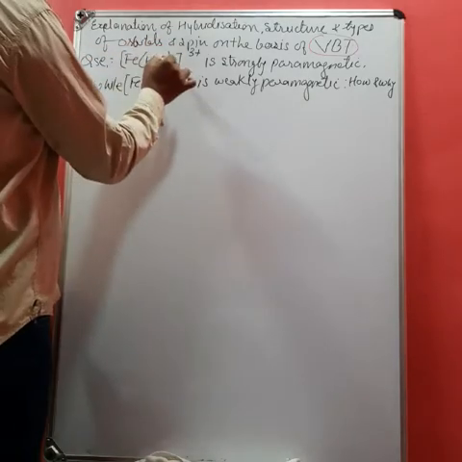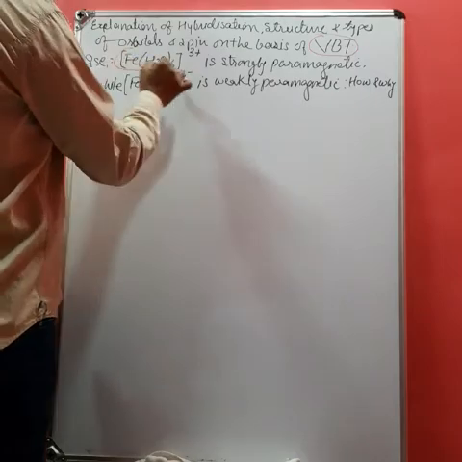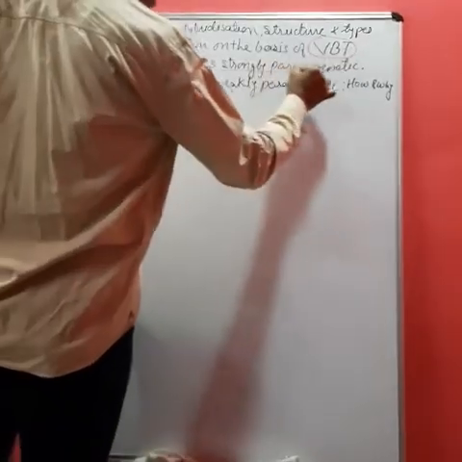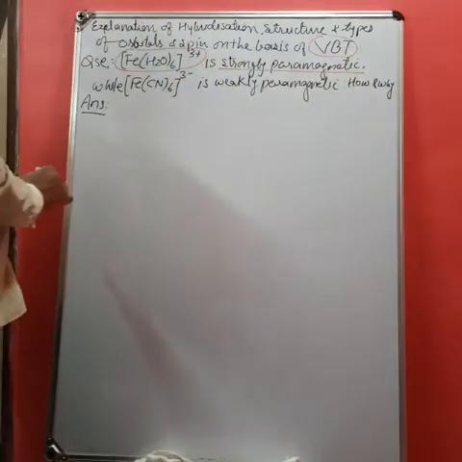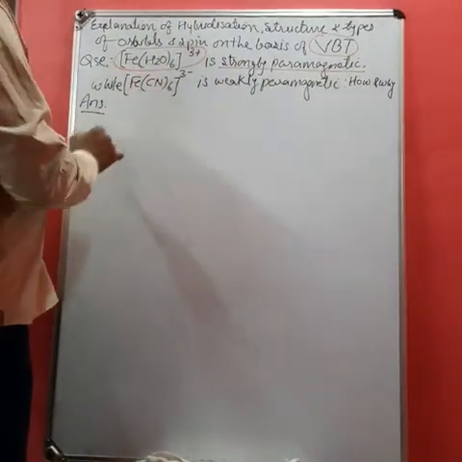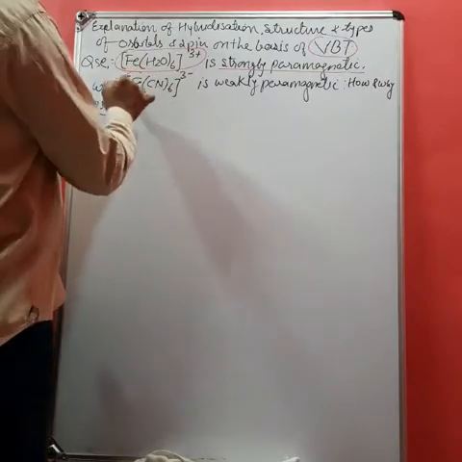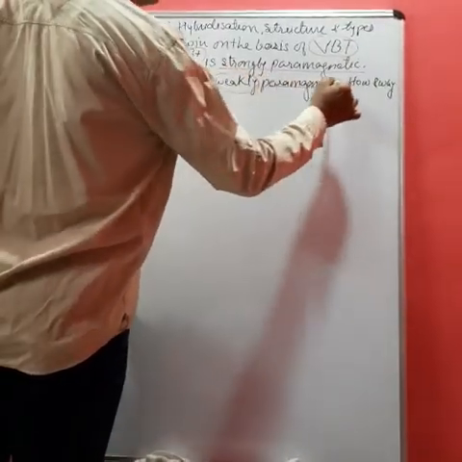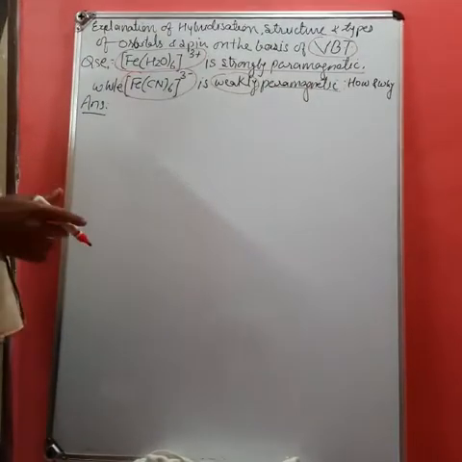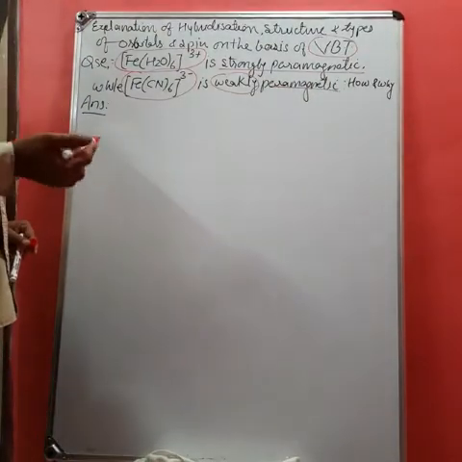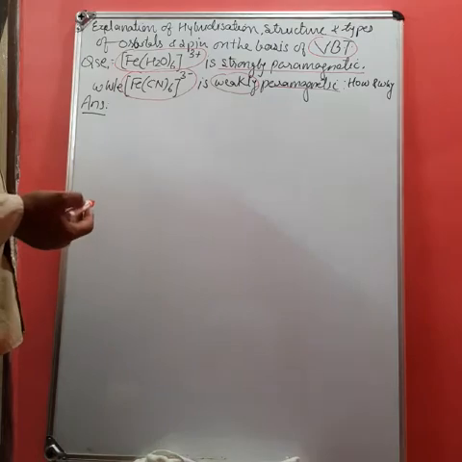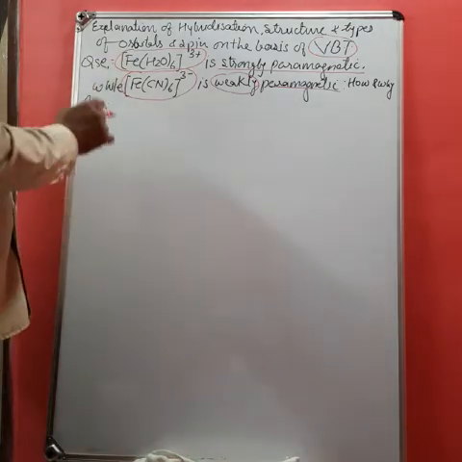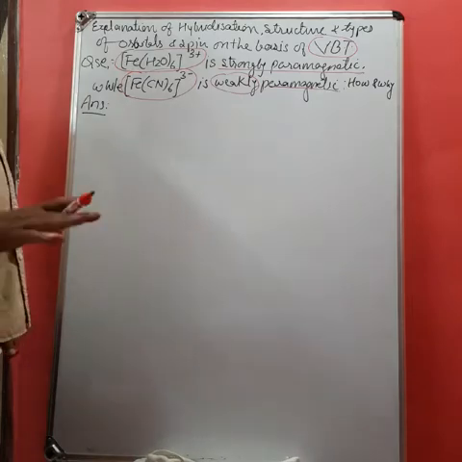The example is: hexaaqua iron(III) cation is strongly paramagnetic, while hexacyano iron(III) anion is weakly paramagnetic. How and why? Student, why does this question arise? This is because in these compounds the coordination number of iron is common, 6.